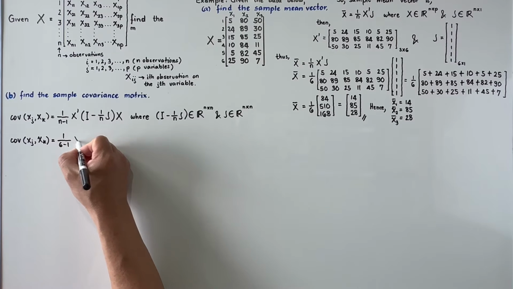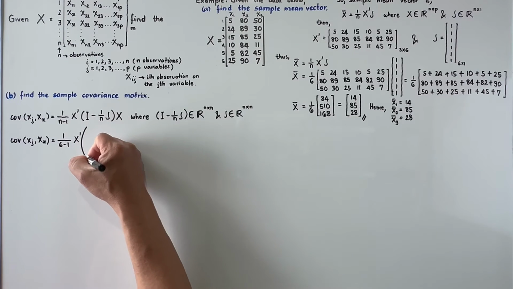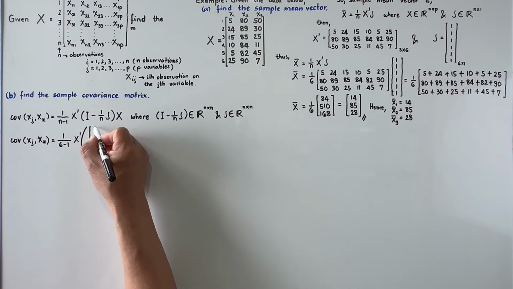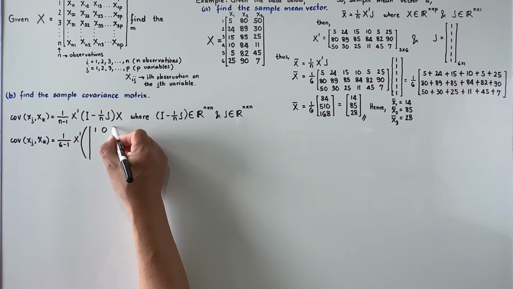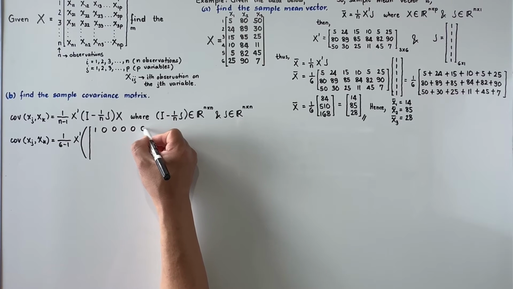And this is multiplied by the transpose of the matrix X times this I. And we know that I is an identity matrix whose elements in the main diagonal are all ones, but all the rest are zeros.